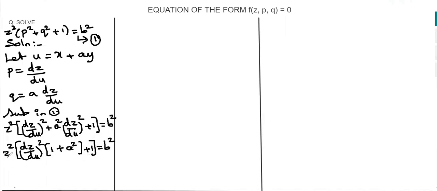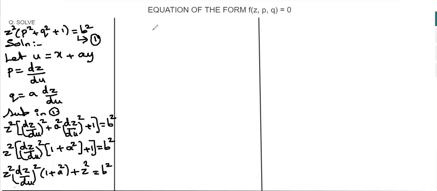Now see, this z square is common to the first term as well as to this 1, so I can't remove the bracket. So z square into (dz by du the whole square) into (1 plus a square) plus, I am multiplying z square to this 1, so it is z square, equals b square.